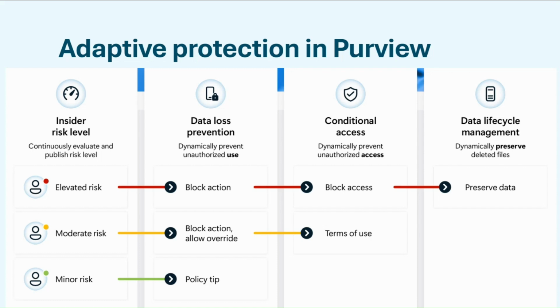So you can use how you define that risk to drive what people can then do with DLP, as well as with other places like data lifecycle management, which is about retention, which is about preserving data. If someone is marked as elevated risk, maybe their data is preserved, right? Maybe there's a reason you want to do that.